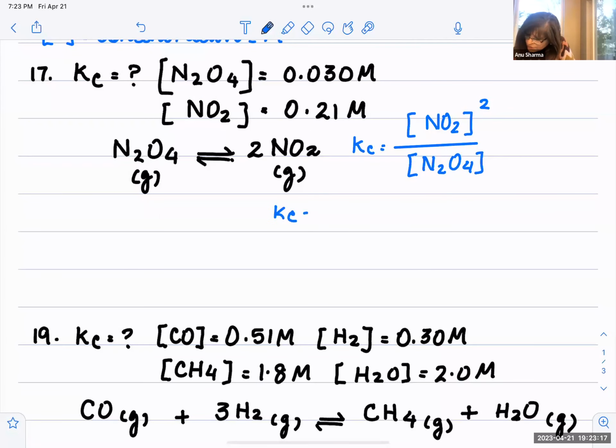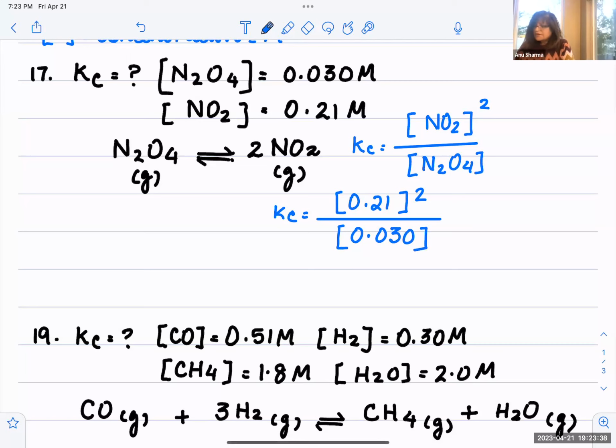Kc is equal to NO2, which is 0.21, closed, raised to the power 2, over the concentration of N2O4, which is 0.030, closed.